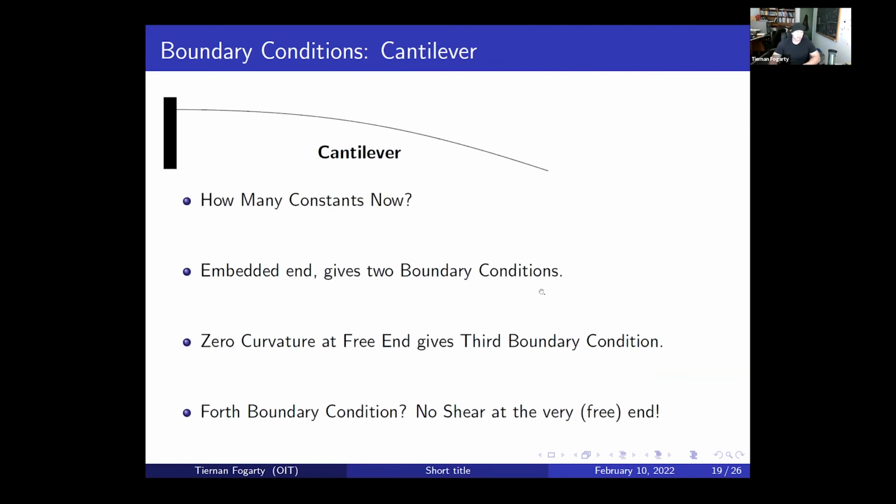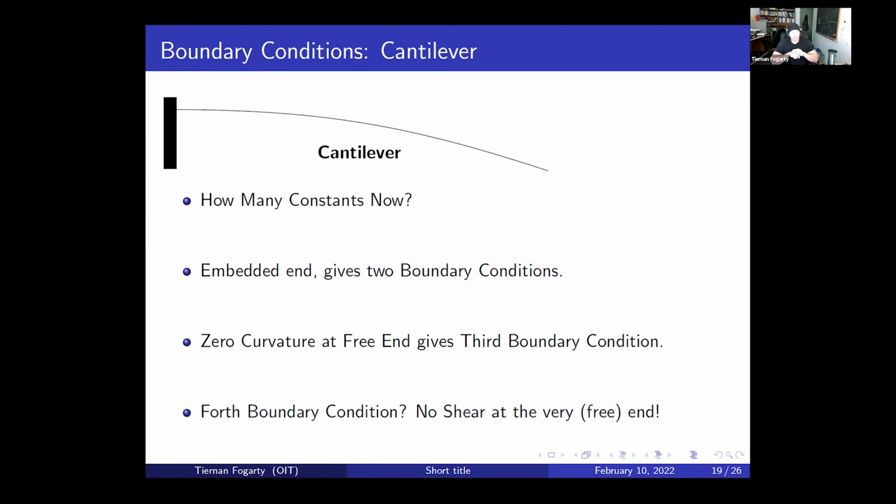And the last case is definitely more difficult. They get 2 right away because they've already done the one embedded end. But the free end, we spend a lot of time talking about that, and we've had great discussions about what happens at that free end and how do we get 2 conditions out of that free end.